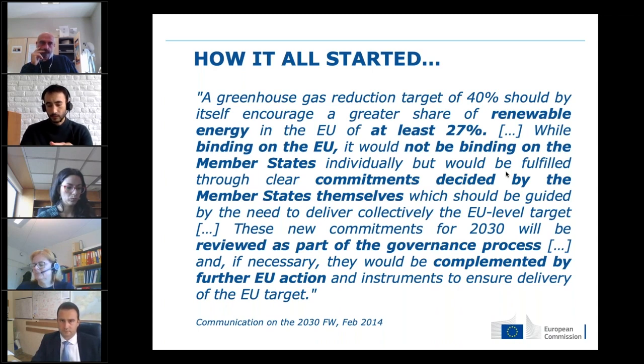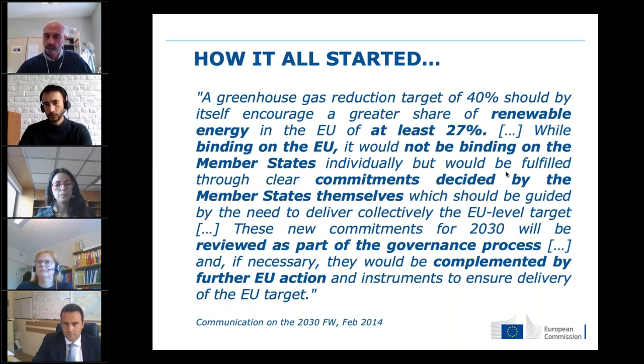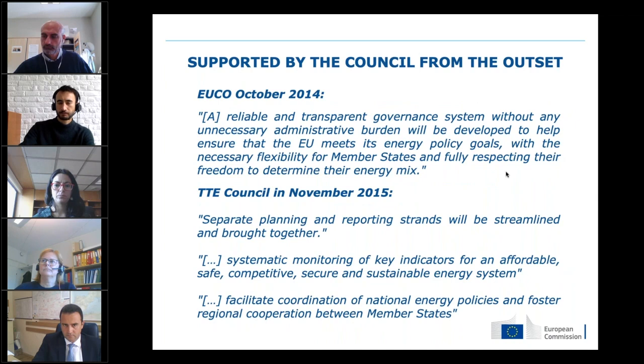But that being said, it would not be binding for member states individually, so we would not have nationally binding renewable targets, and this is where the need for a strong governance framework emerged. How to make sure that we achieve our EU level objective without having national targets.